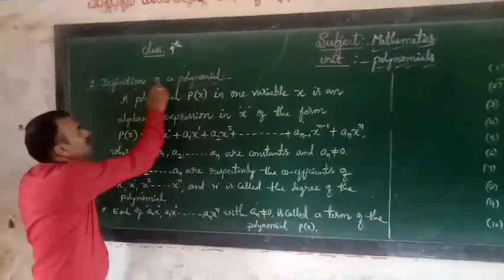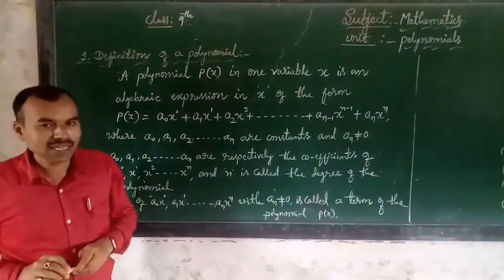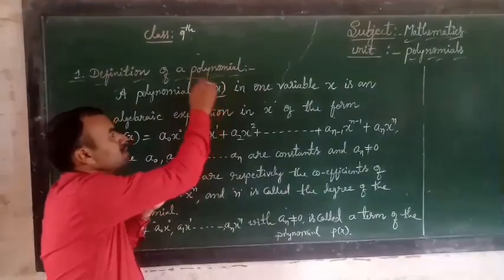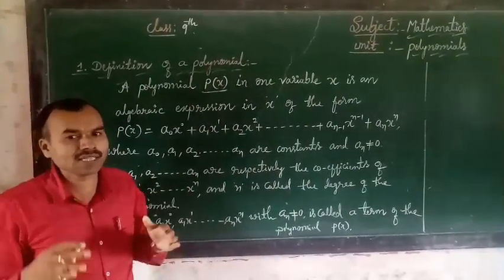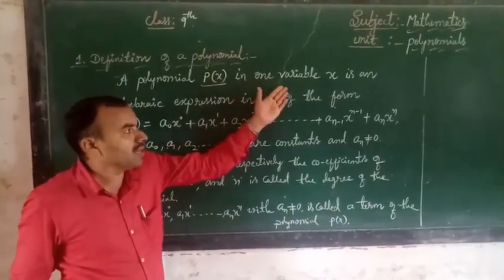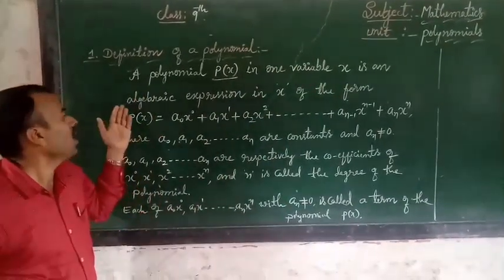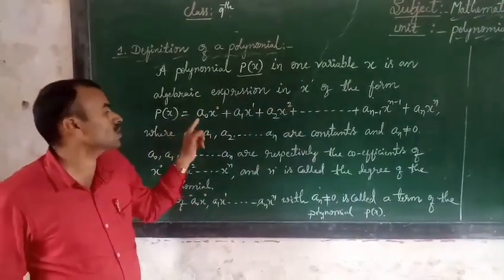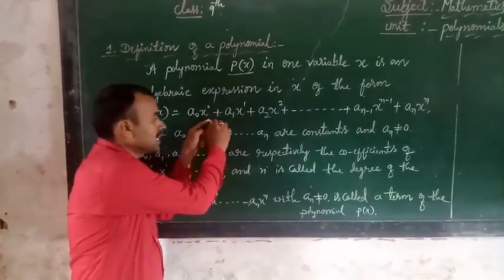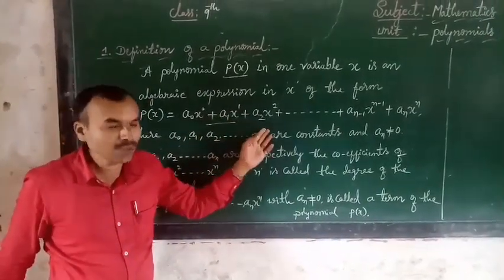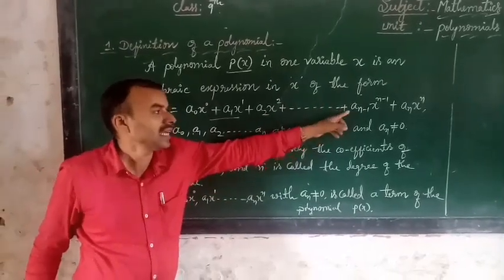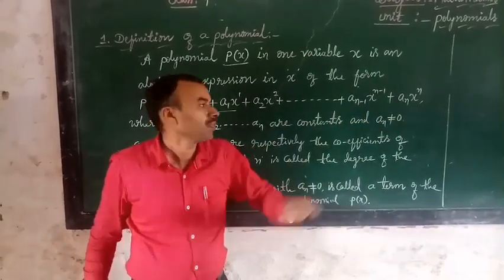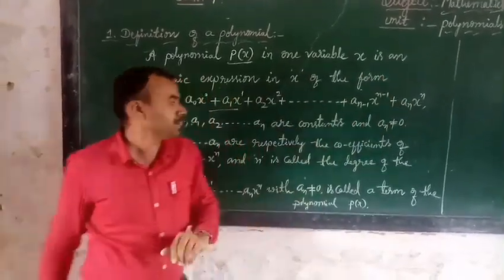Dear students, first we learn what is polynomial. Generally, a polynomial p of x, symbolically you can say p of x, g of x, q of x, in one variable x, is an algebraic expression in x of the form p of x equals a naught x to the power of 0 plus a1 x to the power of 1 plus a2 x square plus up to plus a n minus 1 x to the power of n minus 1 plus a n x to the power of n.